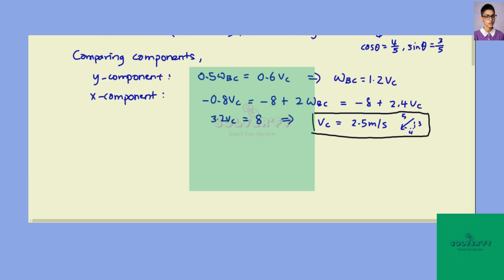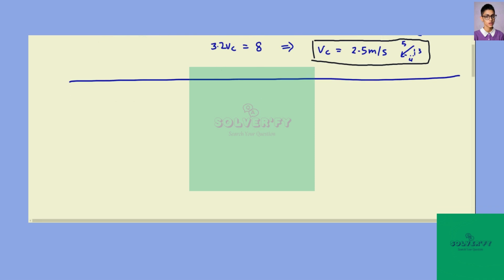Now we move on to the acceleration part. We are given that alpha AB is minus 5k, so we can find aB from here. aB is equal to alpha AB cross RAB minus omega AB squared times the RAB vector.